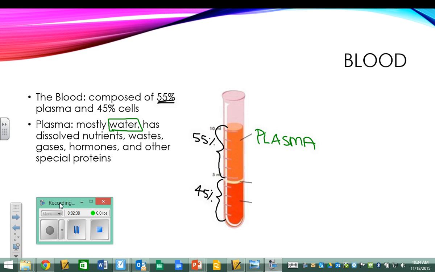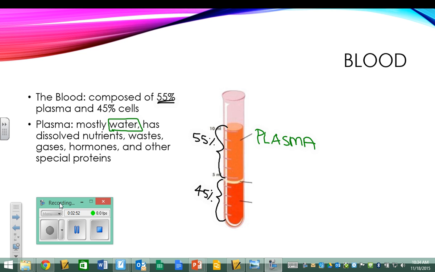So anything that could be dissolved in your blood, maybe it is a nutrient, maybe it is a waste, maybe it is a gas, maybe it's a hormone, maybe it's a protein. Anything that your blood can transport that's not somehow attached to one of your blood cells would be found in plasma.